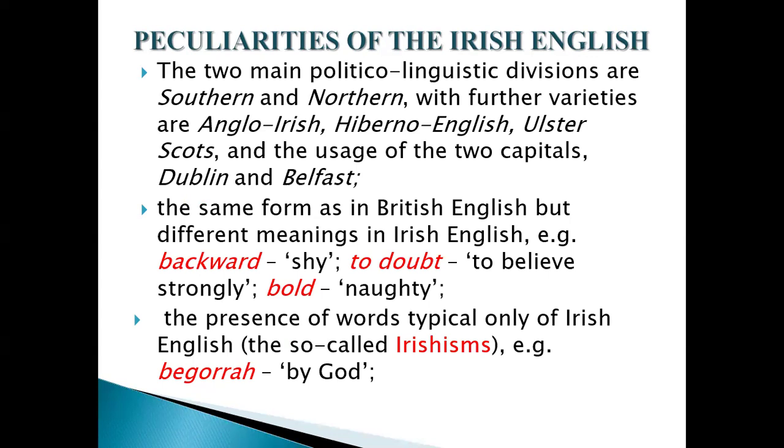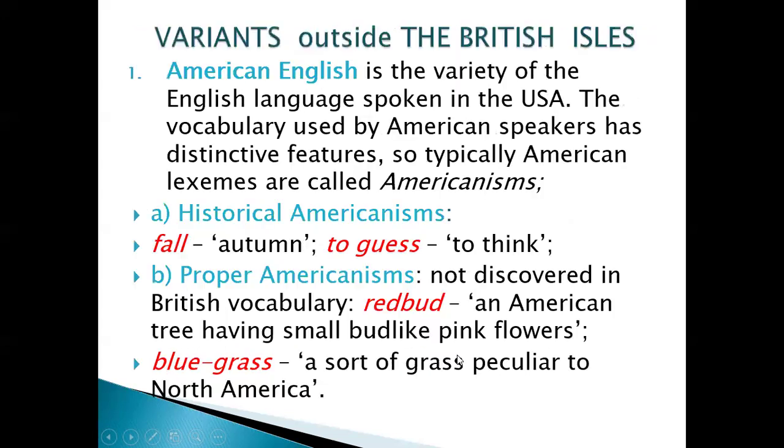The same forms as in British English, but different meanings in Irish English, for example, backward, shy; to doubt, to believe strongly; bored, naughty. The presence of words typical only of Irish English, so called Irishisms.